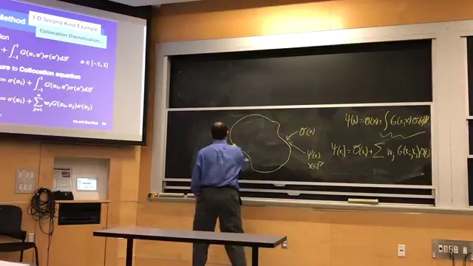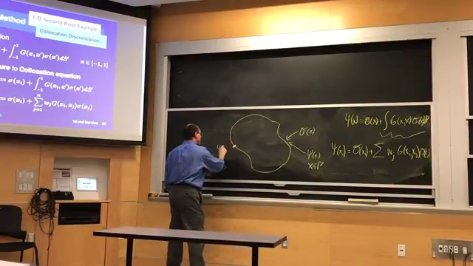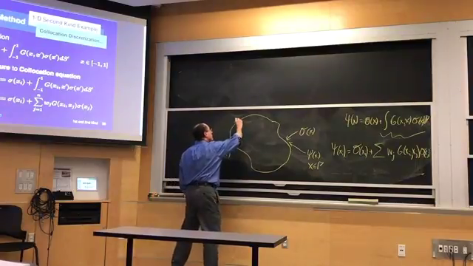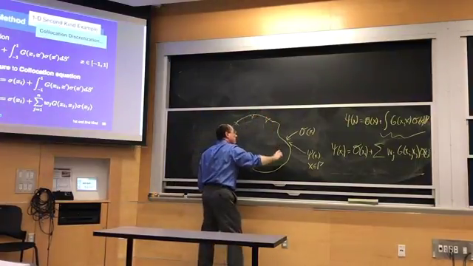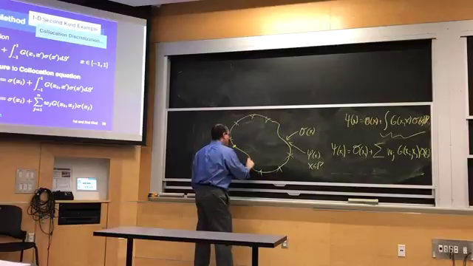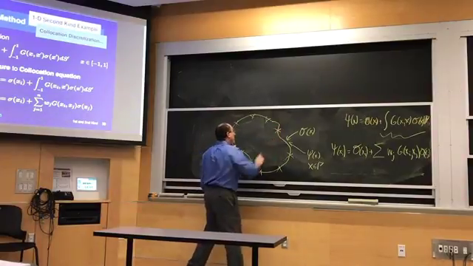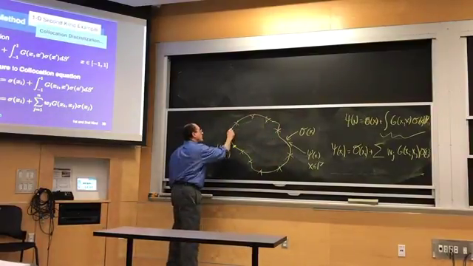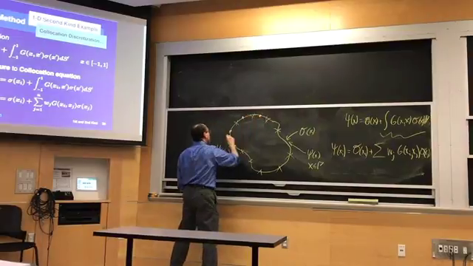So I'm picking a particular point, sigma of xi, and I'm saying now we're going to pick these quadrature points to evaluate the integral. And the problem is I have all these test points and all these quadrature points.